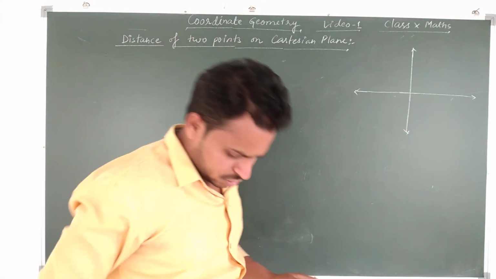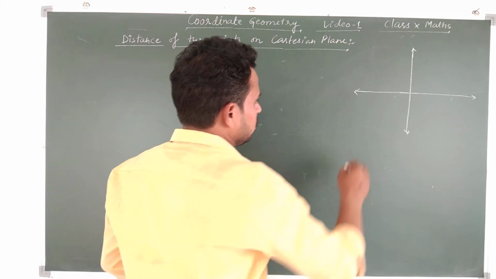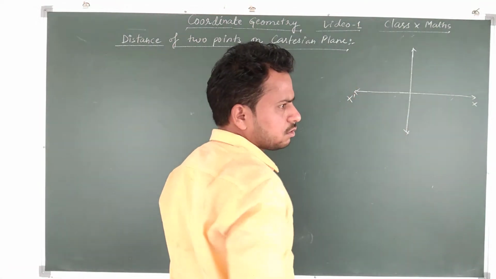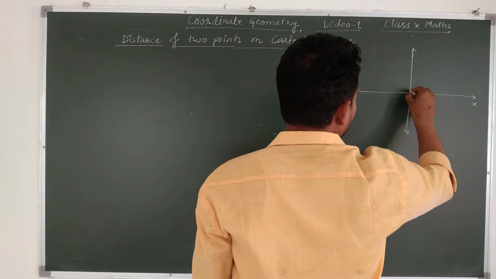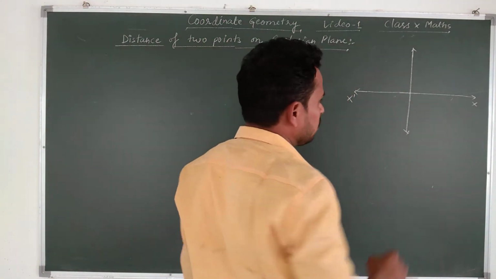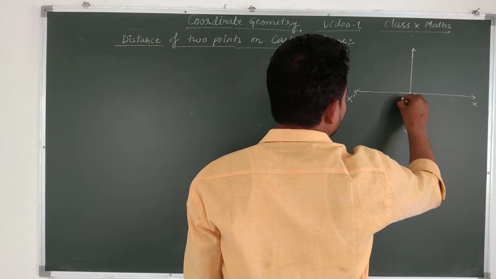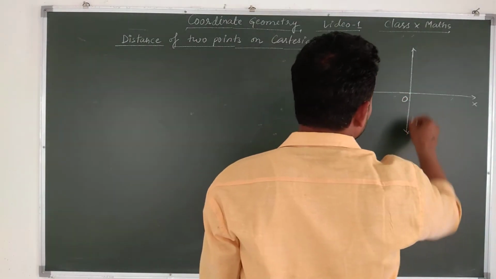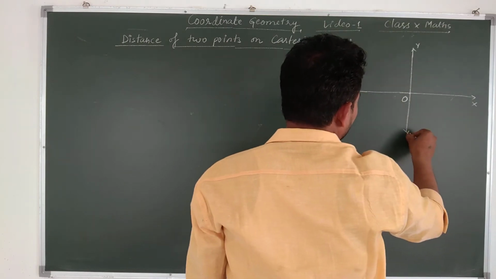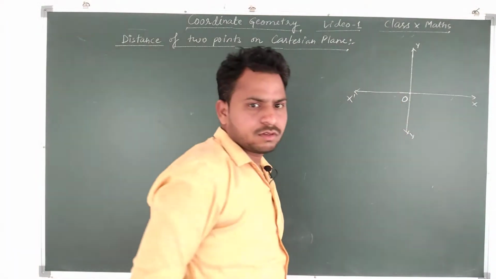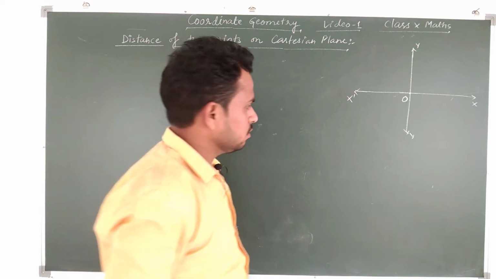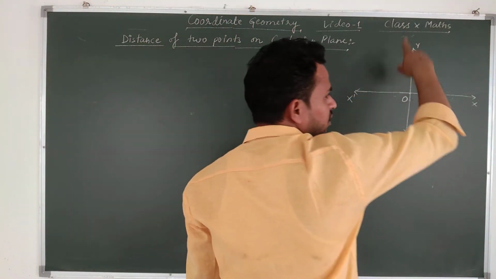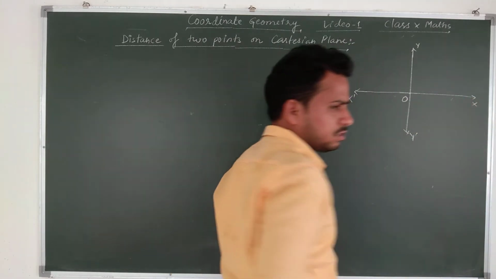So this is the Cartesian plane and this axis is the x-axis, and here this is the origin of the Cartesian plane. Origin we can represent by O, and here this axis is represented by y and y dash. This is called ordinate and this is called abscissa.